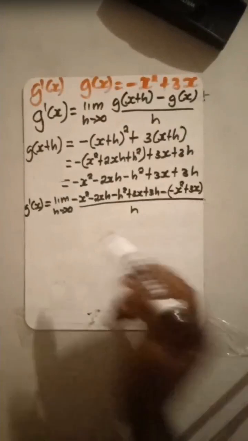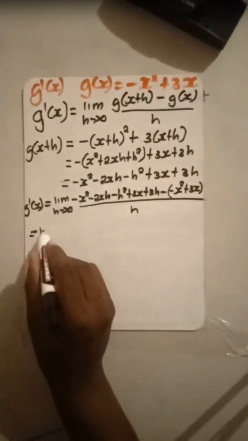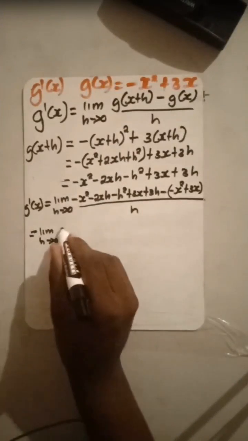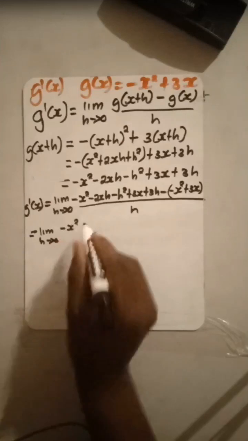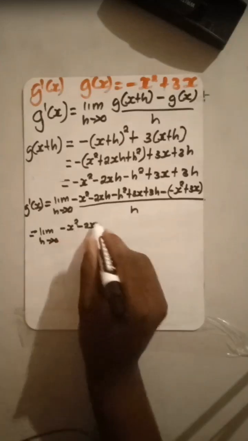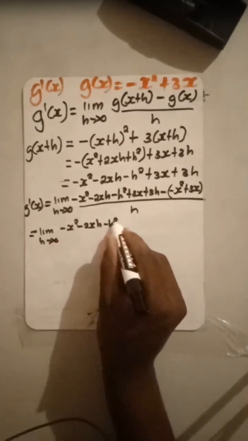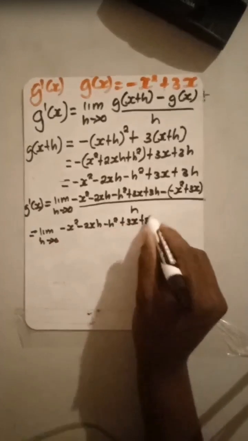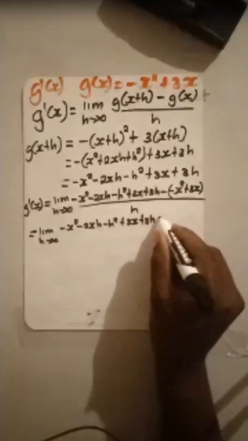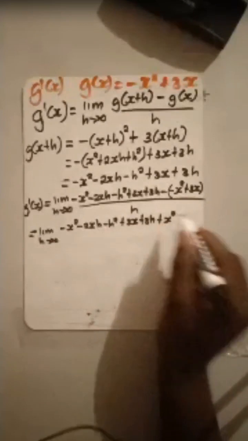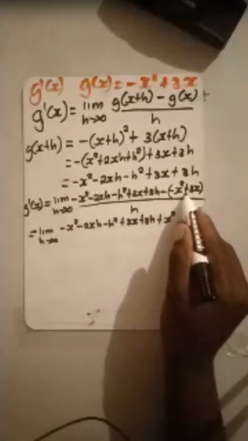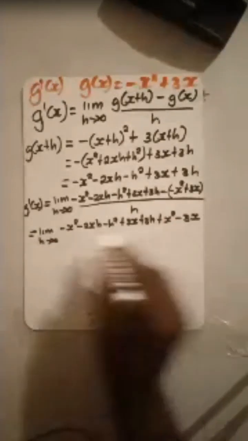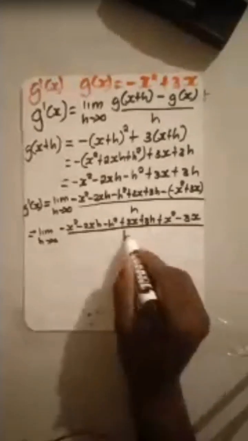Right? So this is going to be equal to the limit as h tends to 0 of negative x squared minus 2xh minus h squared plus 3x plus 3h, then negative by negative, we get positive x squared. Then negative by positive, we have negative 3x, all over h.